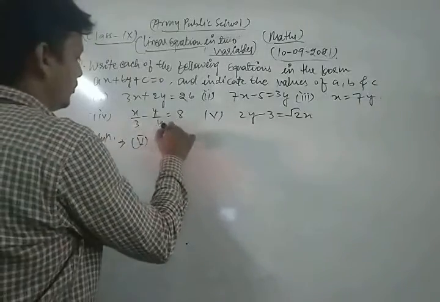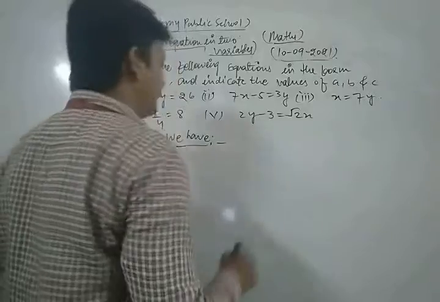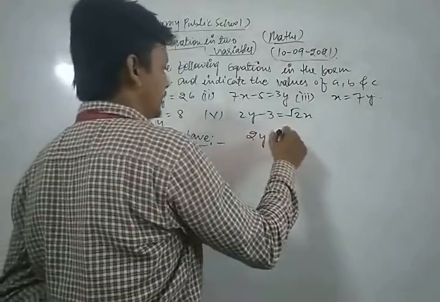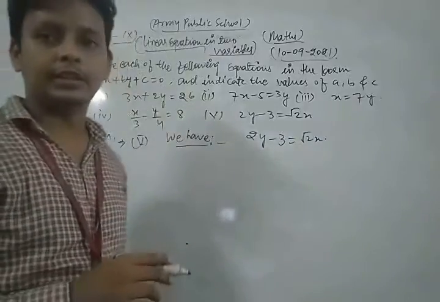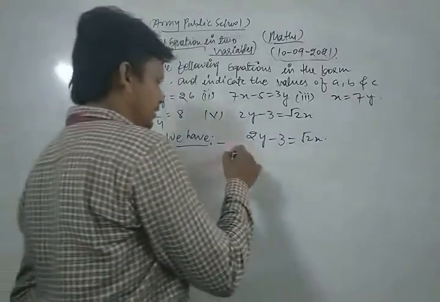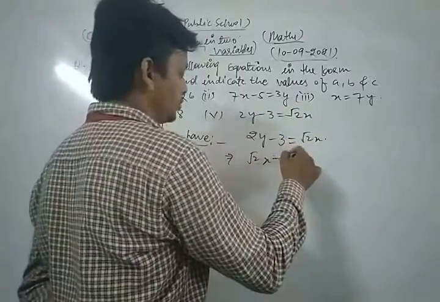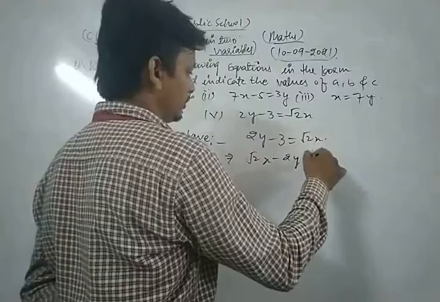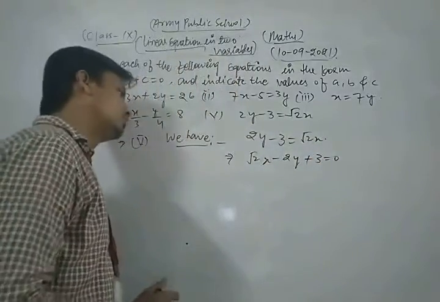So we have 2x minus 3 is equal to 1 over 2y. We can arrange it in the form of ax plus by plus c is equal to 0. So first we can write 2x, transfer that side minus 2y, and also transfer that side plus 3 is equal to 0.